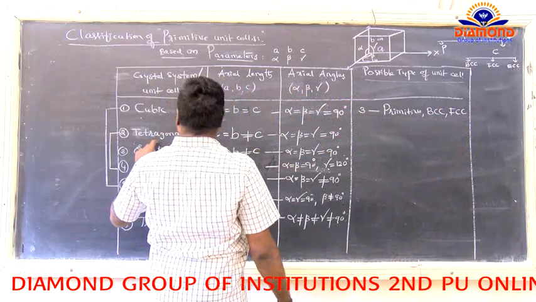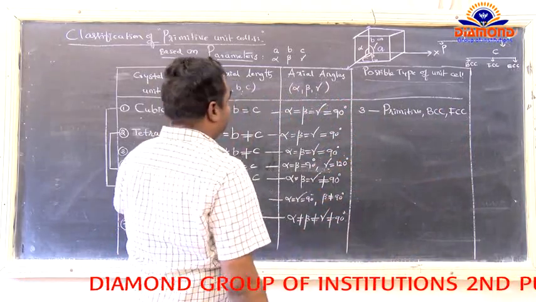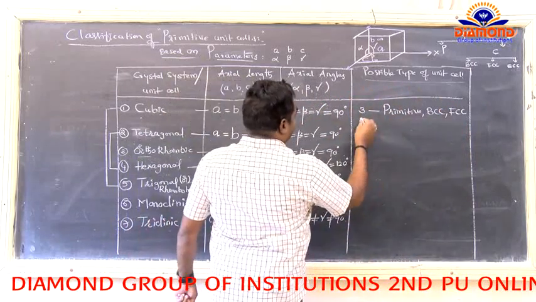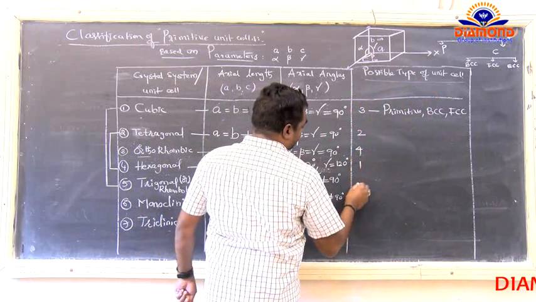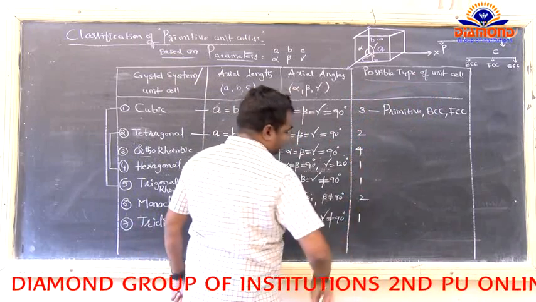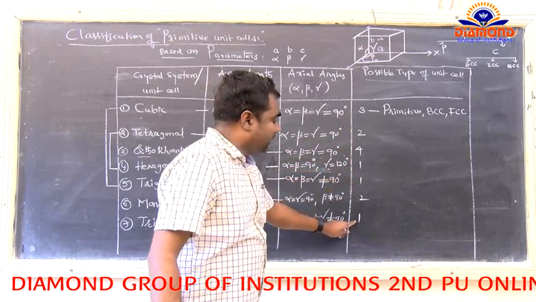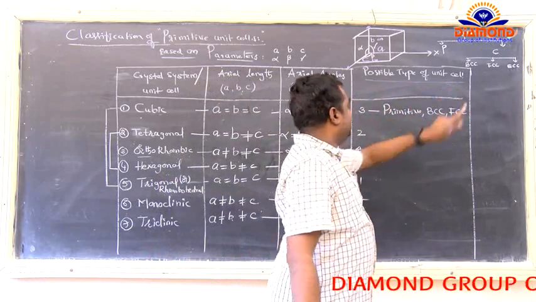Next, in the same way, the remaining systems have the possible types of unit cells as follows. First one is 3, then 2, 4, 1, 1, 2, 1. So 3, 2, 4, 1, 1, 2, 1 are the possible types of unit cells.